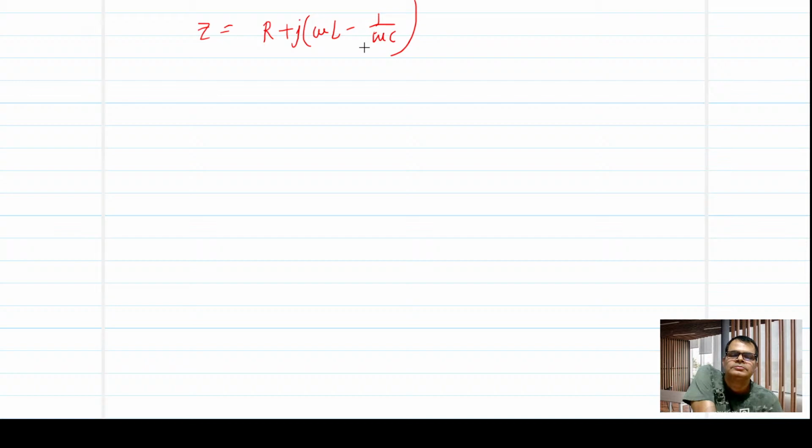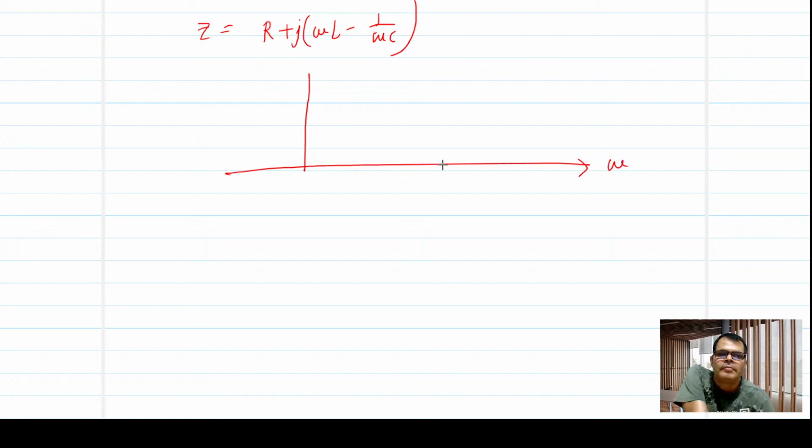We know that Z is equal to R plus j omega L minus 1 upon omega C. At omega n it is purely resistive.